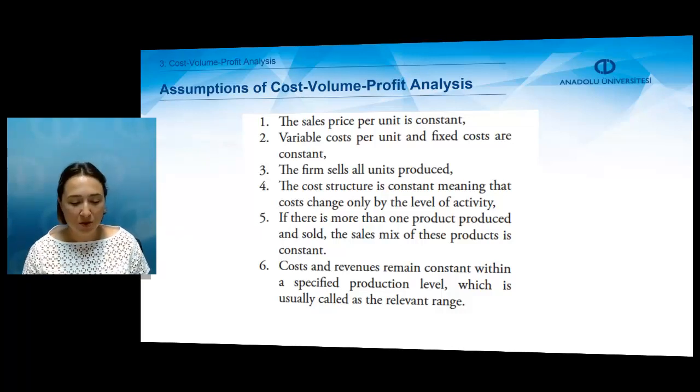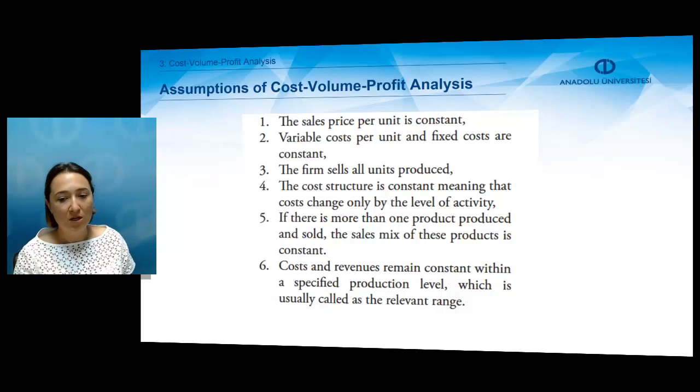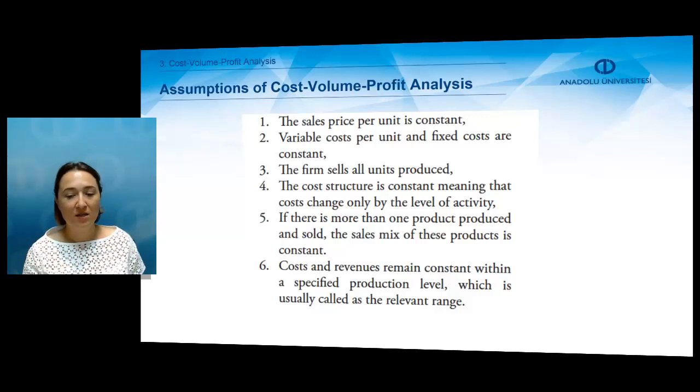So we can talk about these cost, volume, profit techniques to understand how we can reach an optimum point in production or an optimum point in sales units. The first assumption is that the sales price per unit is constant.